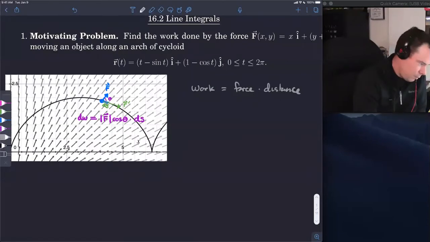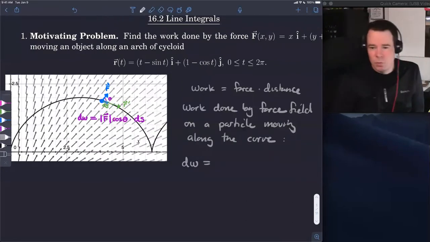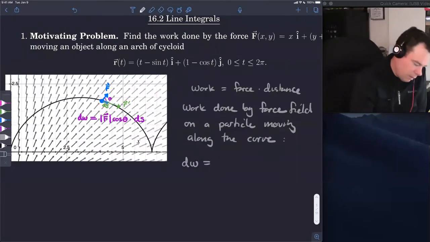And the work done by the force field on a particle moving along the curve is given by, if I move just a little bit along the curve, the force applied times cosine of the angle.